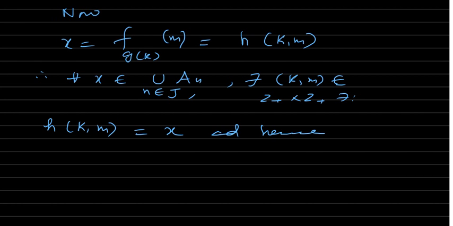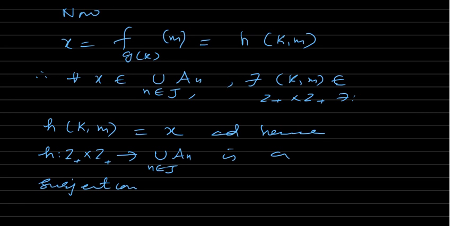I will also mention the codomain and domain: h from Z plus cross Z plus to the union of A_n, n belongs to J, is a surjection.